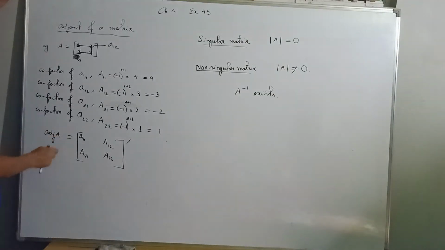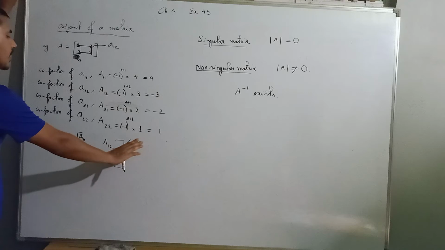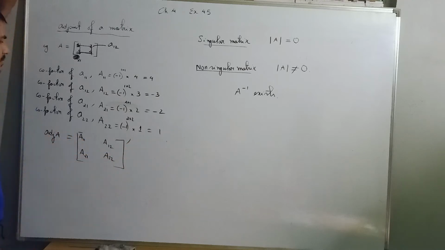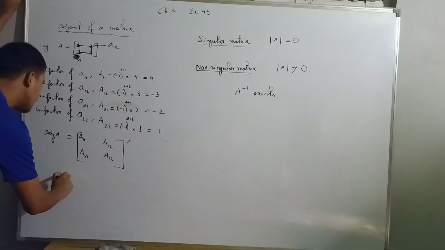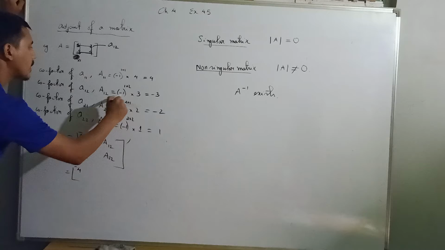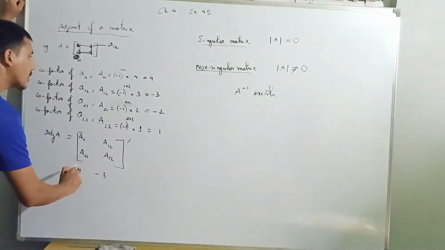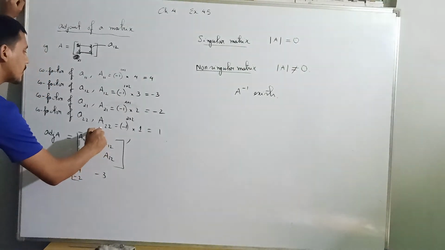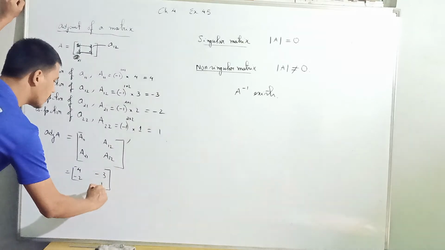So adjoint of A is given by the transpose of the cofactor of the elements of the given matrix. In that case, capital A11 is 4, capital A12 is minus 3, capital A21 is minus 2, capital A22 is 1.